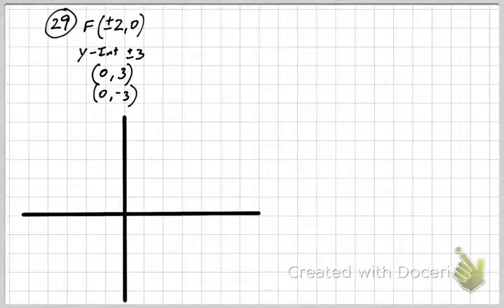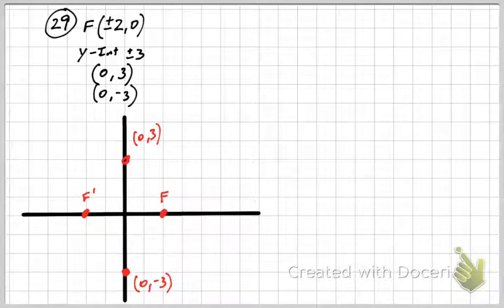So what's given? 2, 0 and negative 2, 0 are your foci. 0, 3 and 0, negative 3 are either my vertices or my co-vertices. Can anybody tell me which they are? Co-vertices, good, because the foci are on the longer axis.